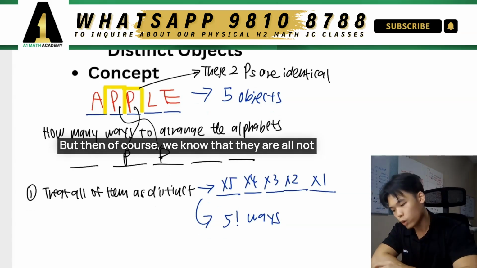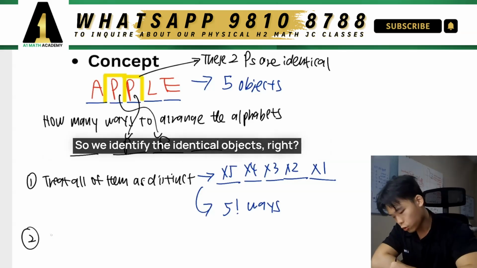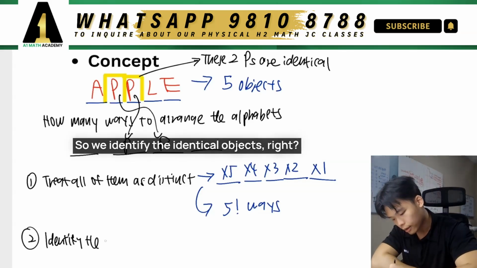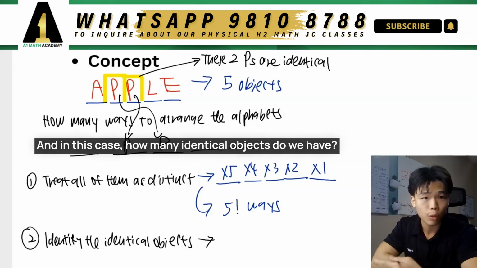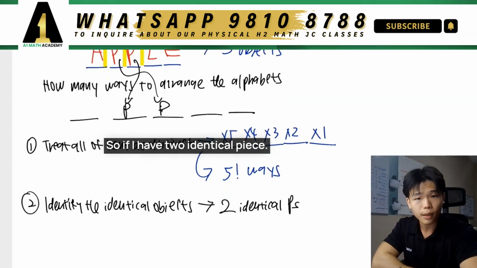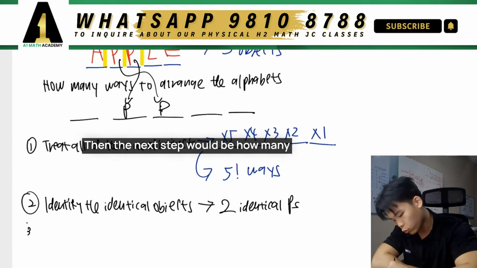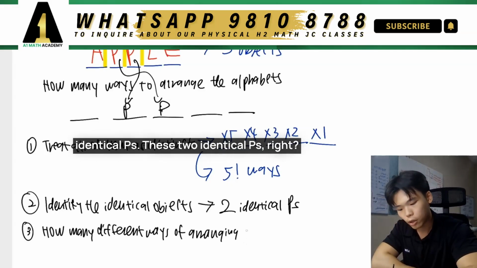But then, of course, we know that they are not all distinct because the two p's are the same. So we identify the identical objects, and in this case we have 2 identical p's. The next step is how many different ways of arranging these 2 identical p's.